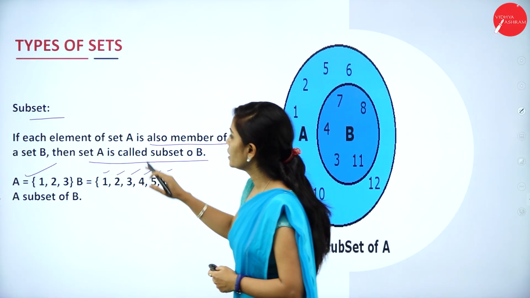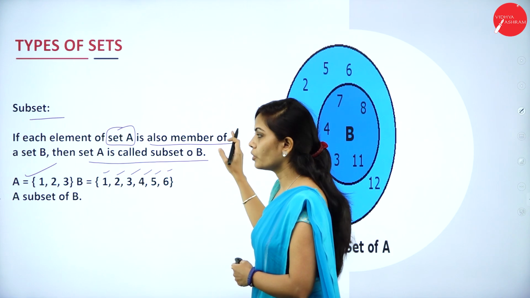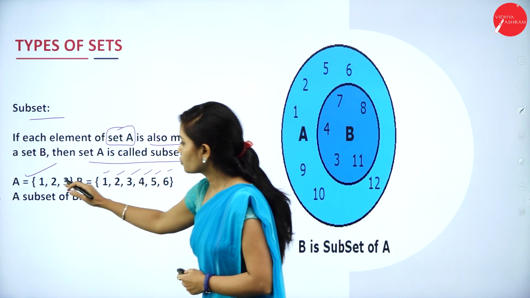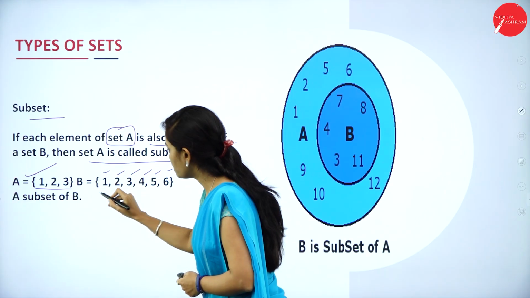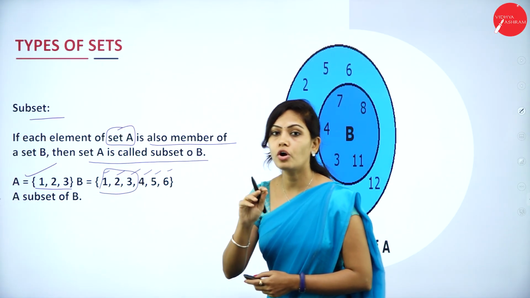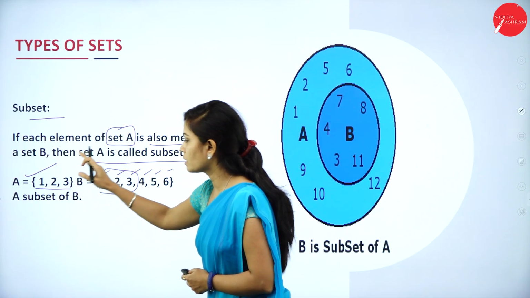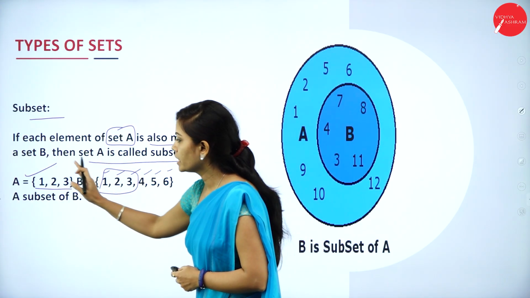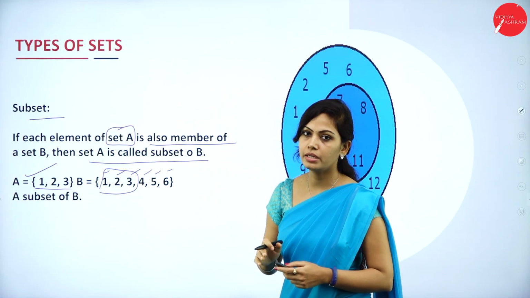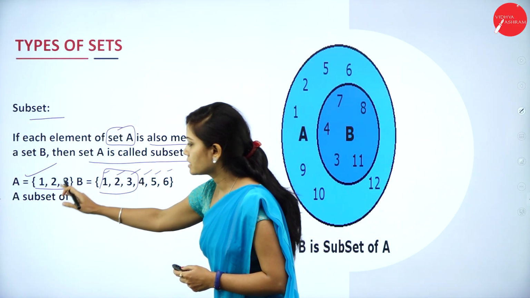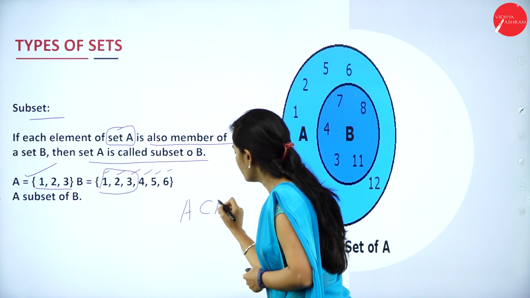Understand the concept? Each element of set A is also a member of set B, so I can call it A is a subset of B.